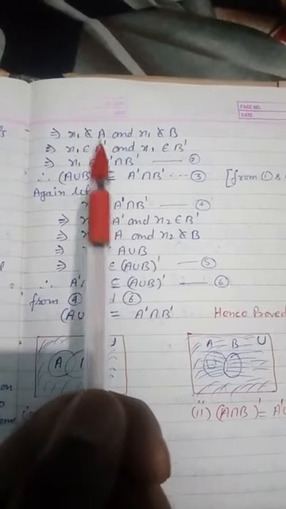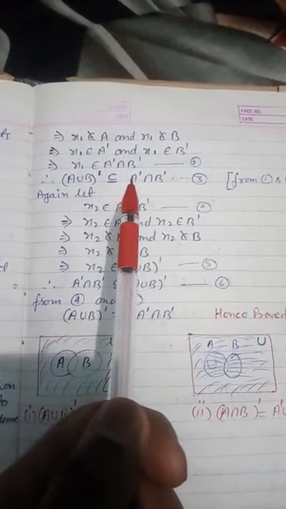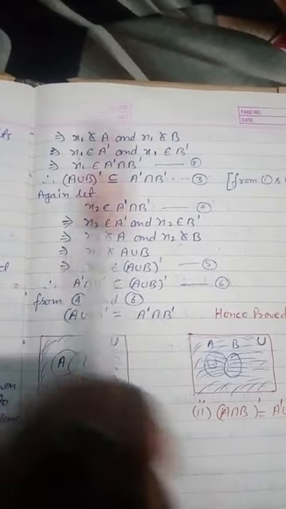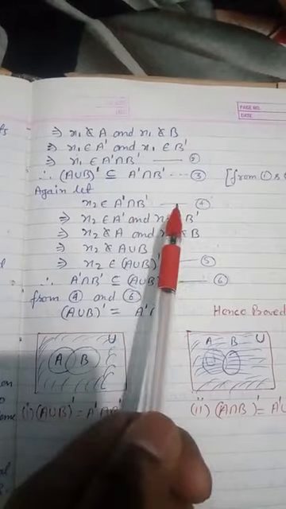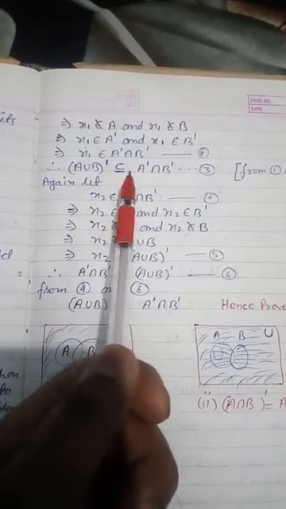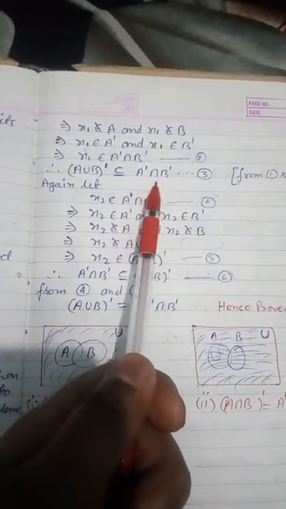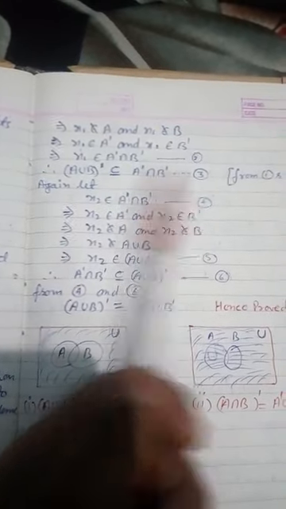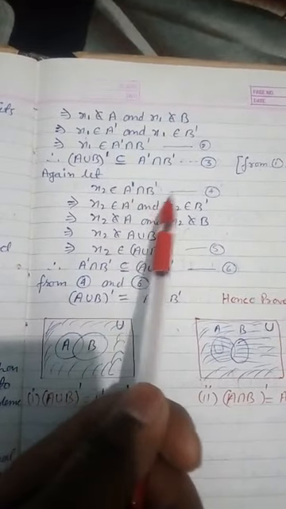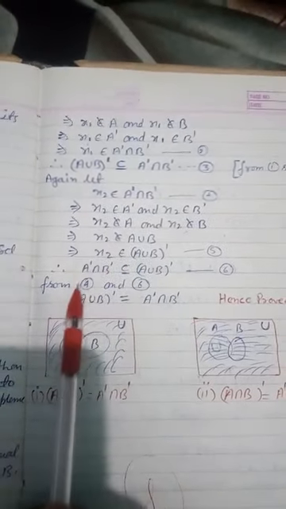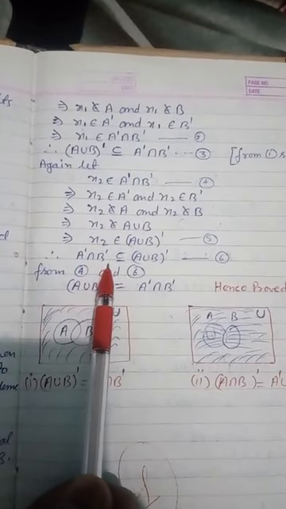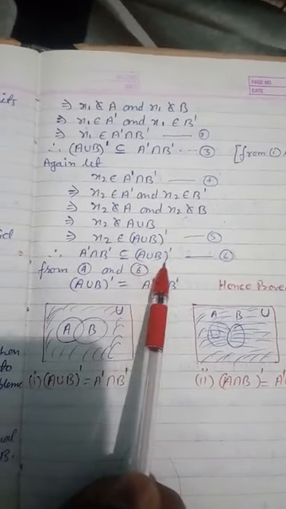It means, by the definition of subset, if the elements which belong to A are also in B, then A is known as a subset of B. So we can say (A union B) complement is a subset of A complement intersection B complement. Equation third. Again let x2 belong to A complement intersection B complement. By the same process, we can find A complement intersection B complement is a subset of (A union B) complement.